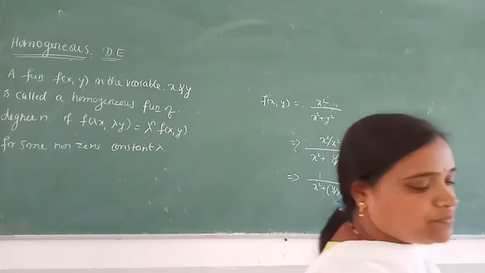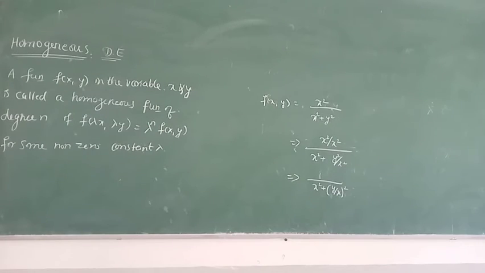Okay, this is of the form, dividing numerator and denominator by x square, 1 divided by 1 plus y by x the whole square. Okay.